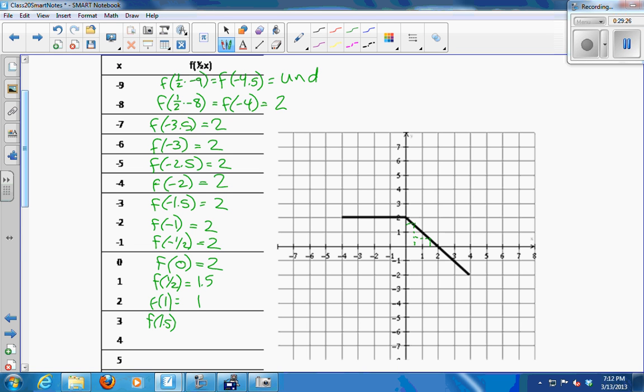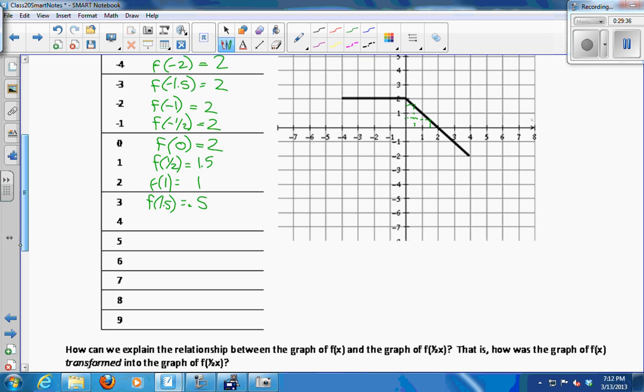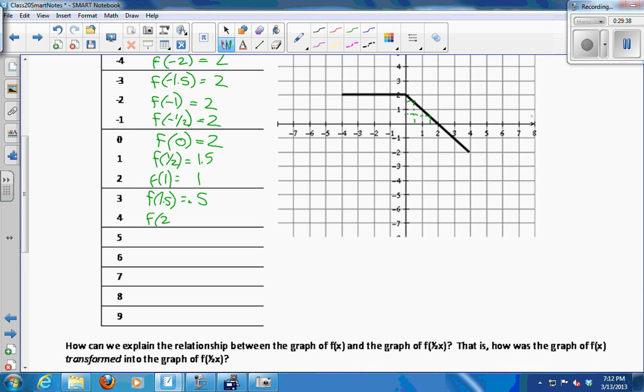Go up to the graph and go over. What's it look like it's at? 0.5? Yep. F of 2 is 0. F of 2.5 looks like that's -1/2. F of 3 is -1.